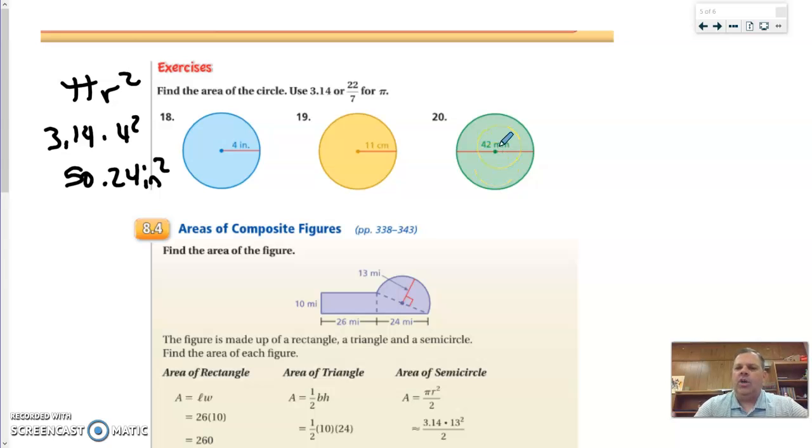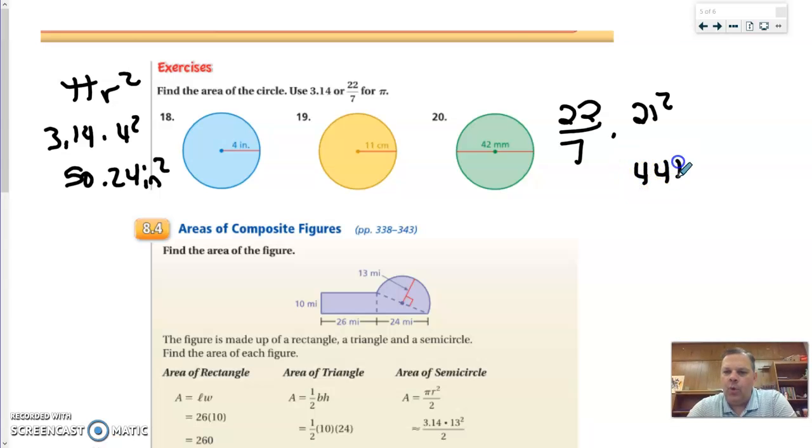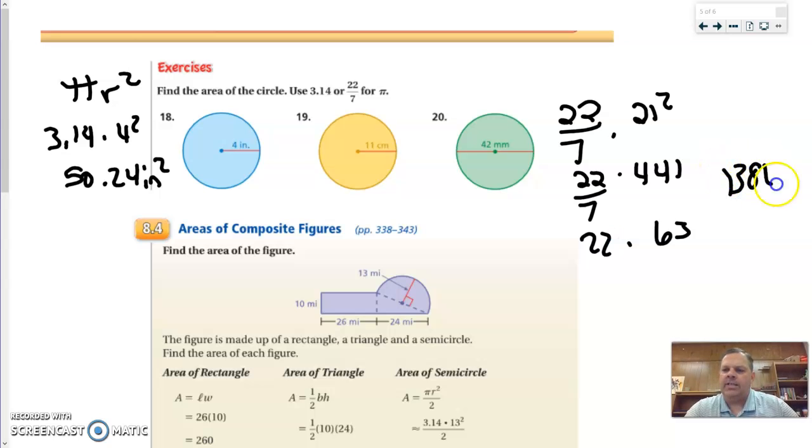But with this one, I know that I have to take the diameter, which would be 22/7 times 21 squared. 21 squared is 441, then times 22/7. We can divide by 7, which will give me 63 times 22, and my answer will be 1,386 square millimeters.